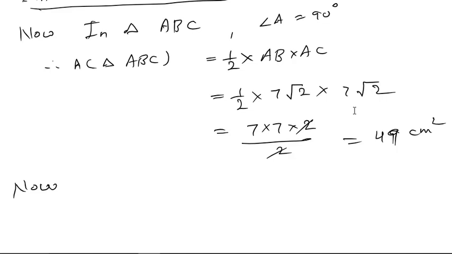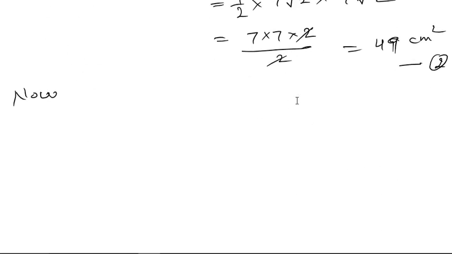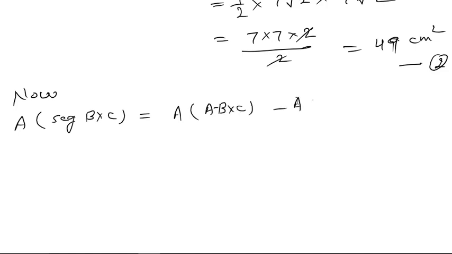Now area of segment, I can say that this is my second equation and here this is my first equation. So now area of segment BXC will be equal to area of sector ABXC minus area of triangle ABC.